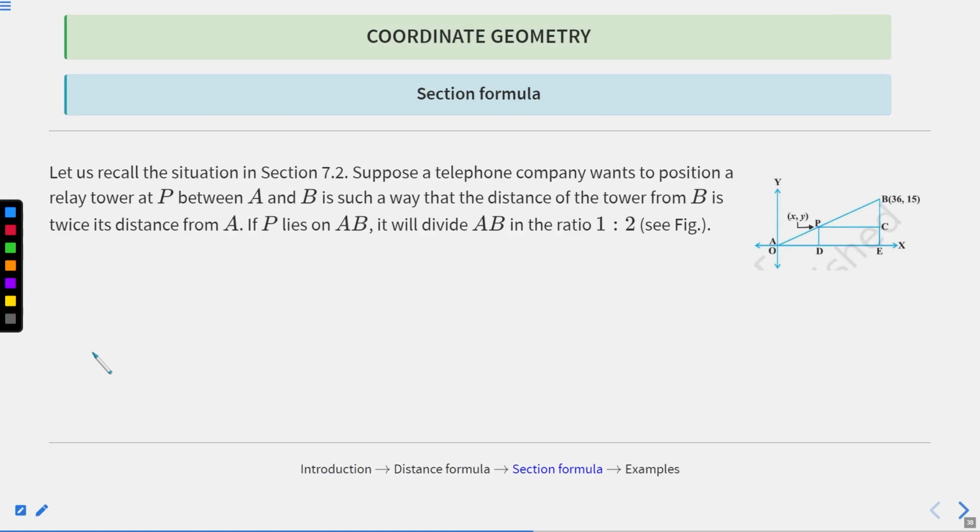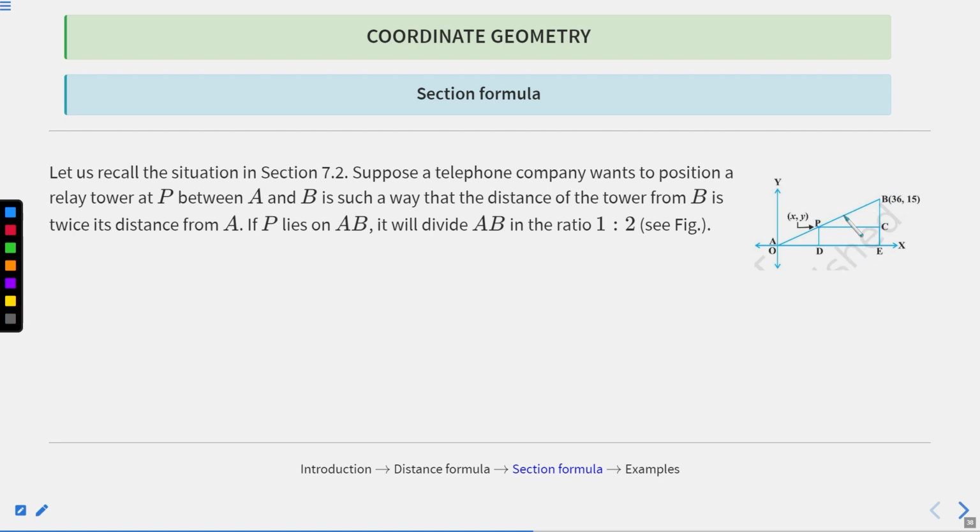So basically here we draw these perpendiculars PD and BE on the x-axis. Okay, so here we let the coordinates of P be x, y.